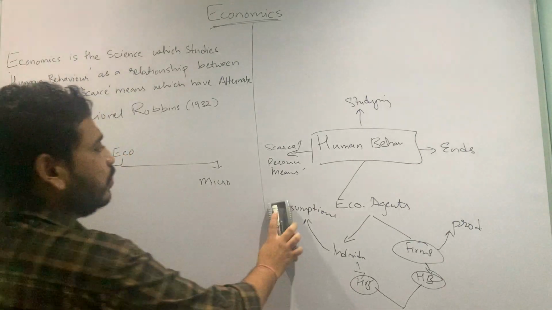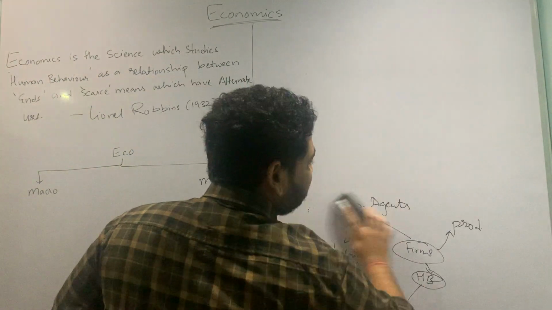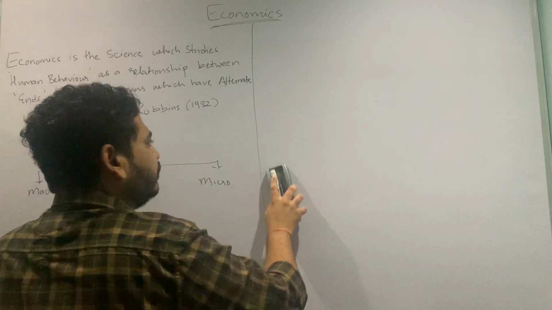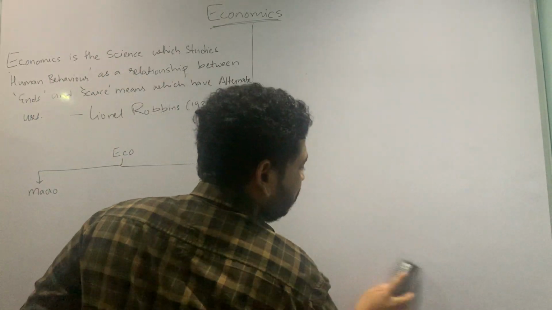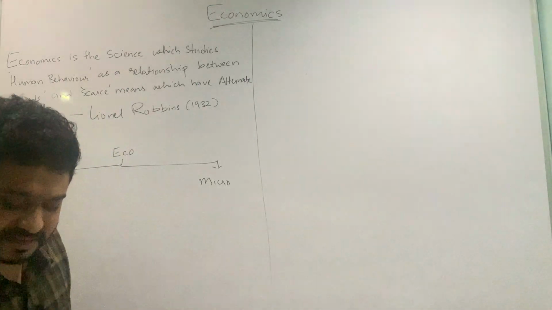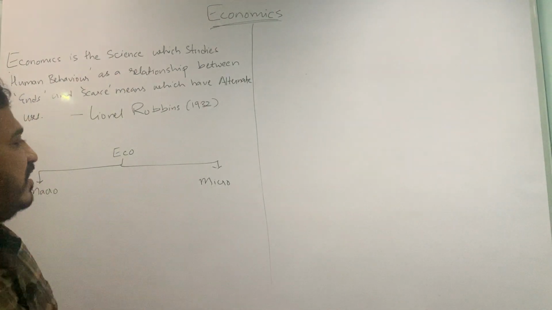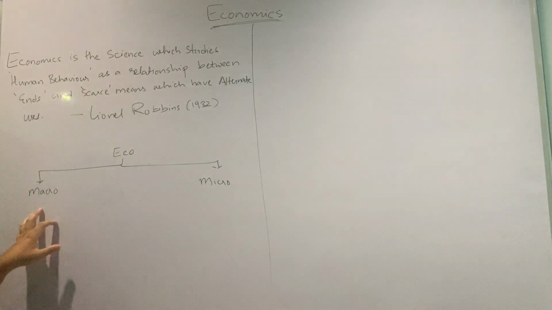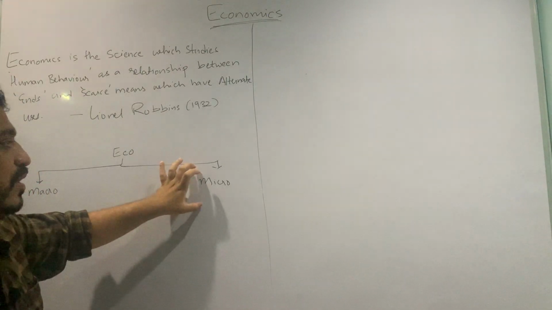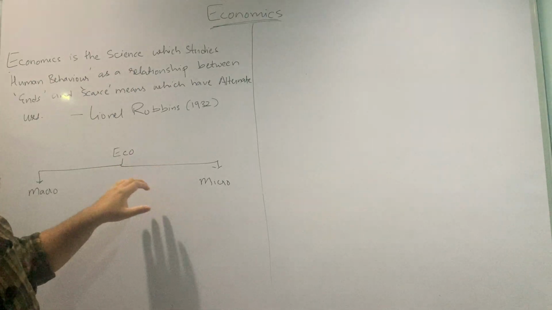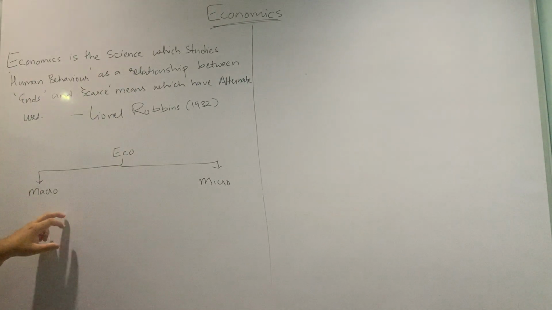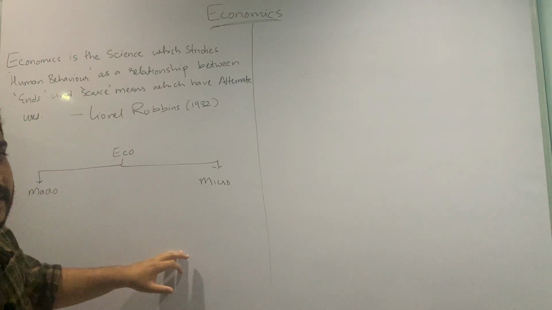Now let us look at the different branches in economics, because that is very important. If you see a standard textbook, you will see that there are n number of branches in economics, such as international economics, development economics, growth and development, welfare economics or labor economics.